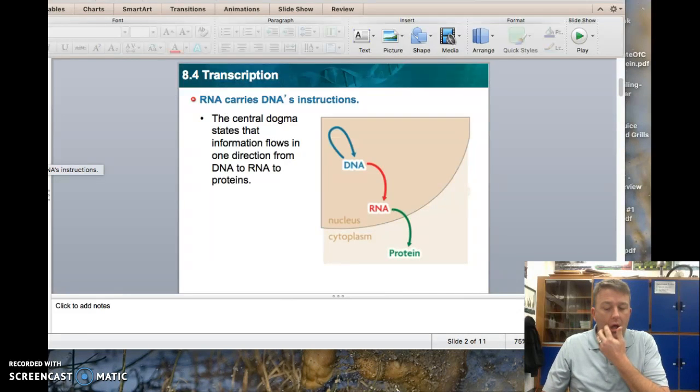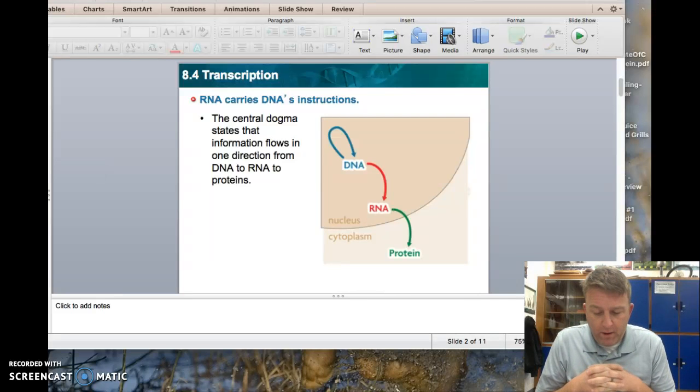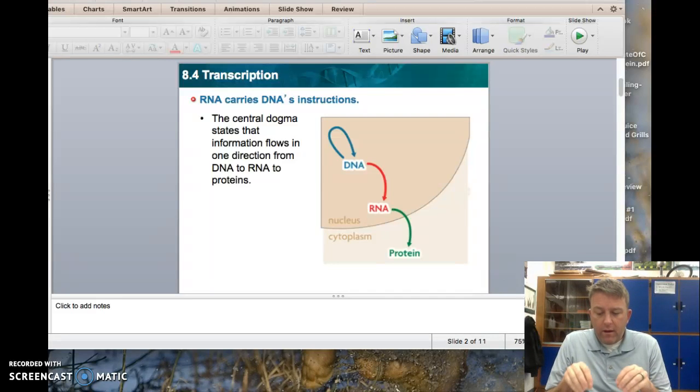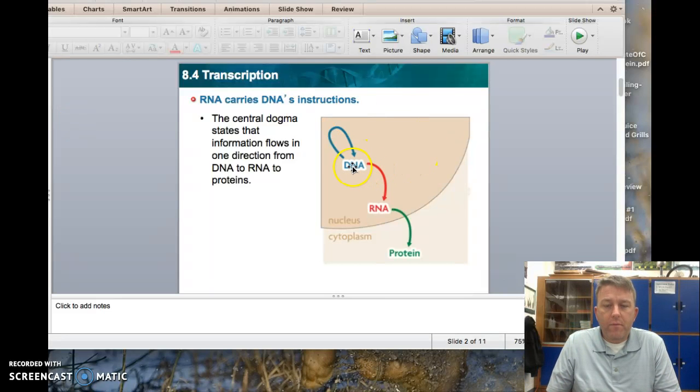Shortly after his discovery of the structure of DNA, Dr. Francis Crick came up with something called the central dogma. The central dogma tells us that information flows in one direction, and as we can see here, that information is flowing from DNA to another nucleic acid called RNA, very similar, and we'll talk about the differences in the next couple slides, and then finally to a protein.